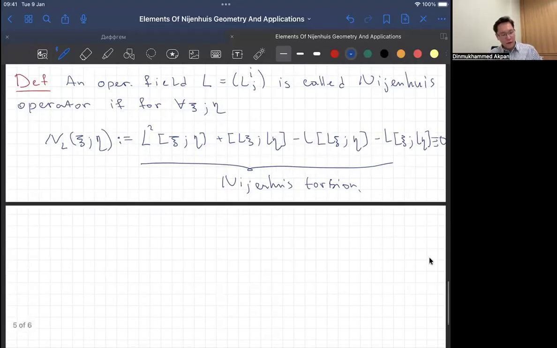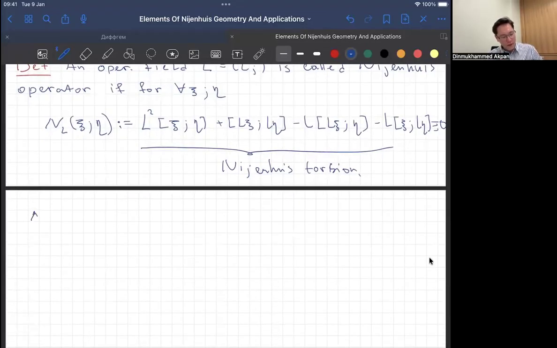The first fact is that the thing I wrote here is really a tensor, of type (1, 2). It's a good exercise to check that it's really a tensor, but believe me, it is.